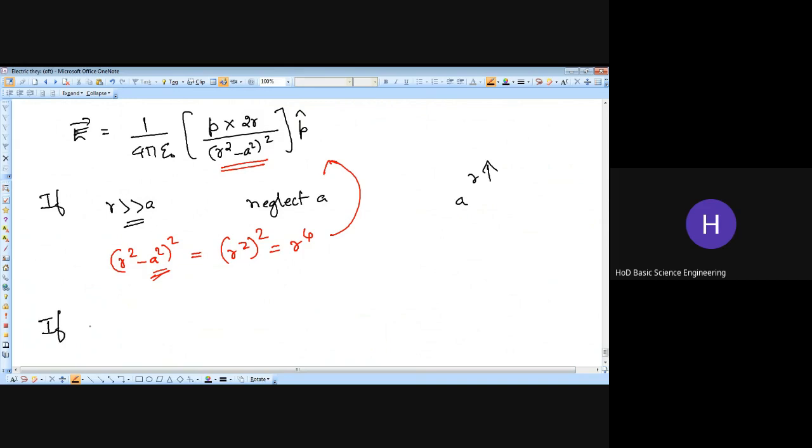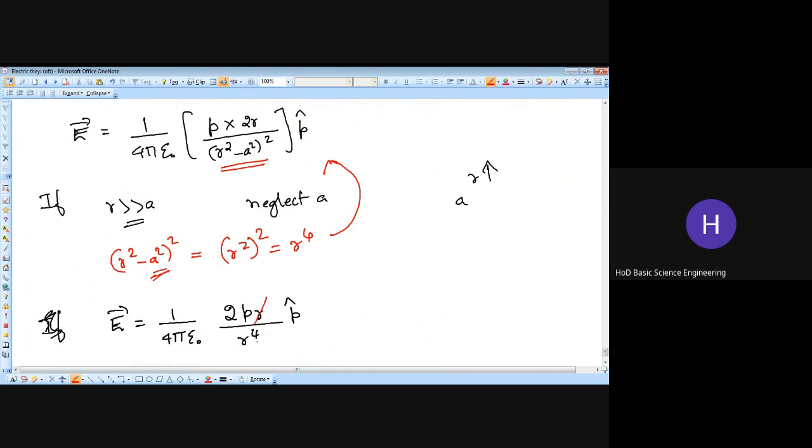E is equal to 1 by 4 pi epsilon naught, in the numerator I write 2PR divided by R to the power 4 into P cap. Now one R can be cancelled, right?